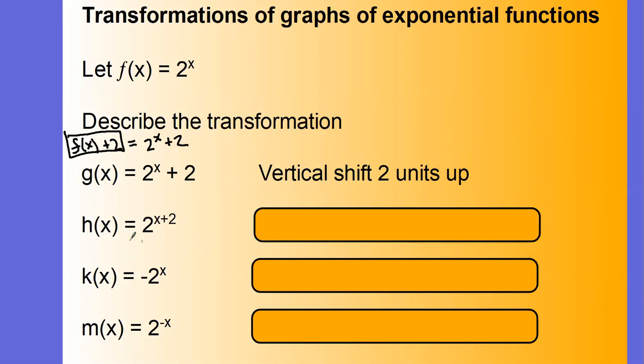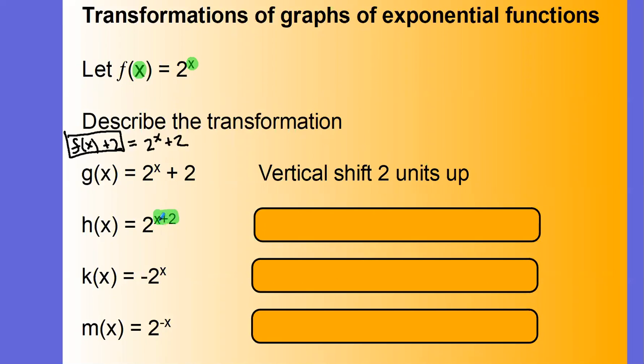Next example, h of x equals 2 to the x plus 2. Now, in this case, notice that my input is x, right? And my function says f of my input is equal to 2 to my input. Well, if my input is changing, notice in the last one, this part didn't change. This was still an x.